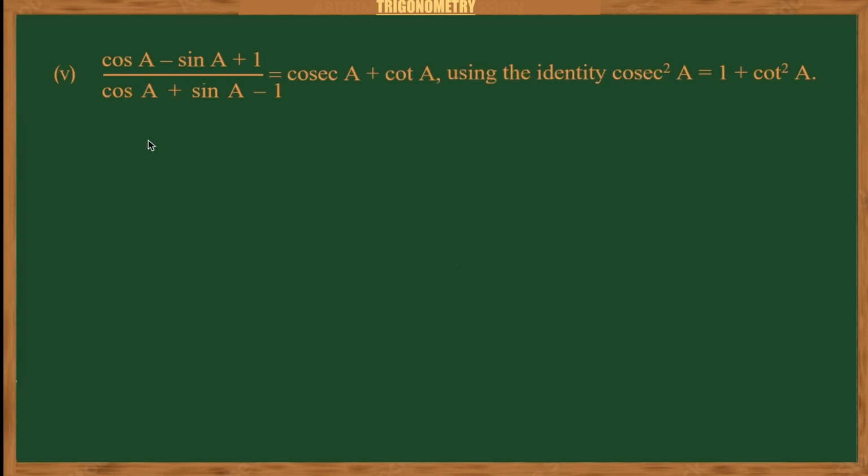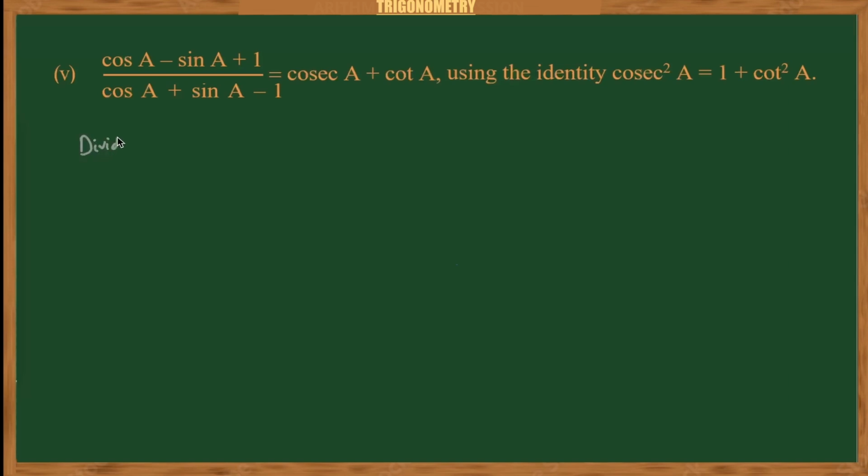By looking at the left hand side and right hand side, we can divide by sine, so that cos divided by sine will become cot. We can see some of the identities here, cot and cosecant. So let's divide by sine and proceed with the solution.